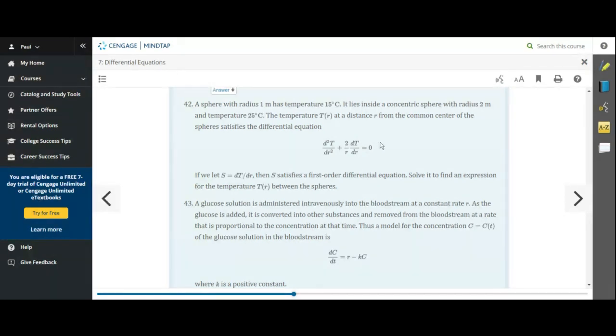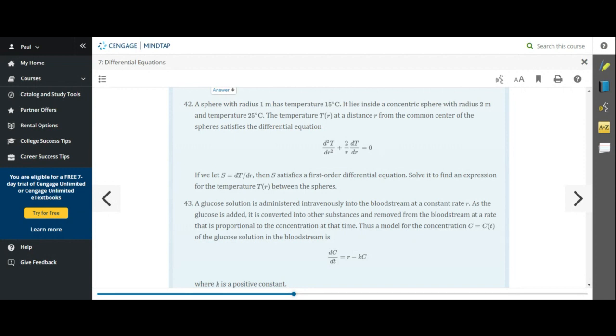And you see it has an application right here. So we want to find an expression for the temperature T(r) between the spheres. The temperature between the spheres is a function of the radius, how far out along the radius you are.